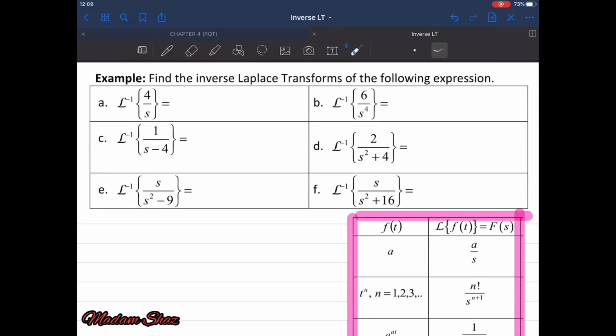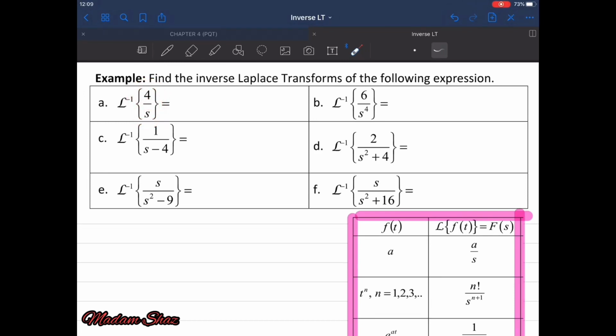So now let us continue with this example. Find the inverse Laplace transform for the following expression. Example A: Laplace inverse of 4 over s. You have to refer to the table of the Laplace transform, where you have a constant at the upper side, divided by s with the power of 1.